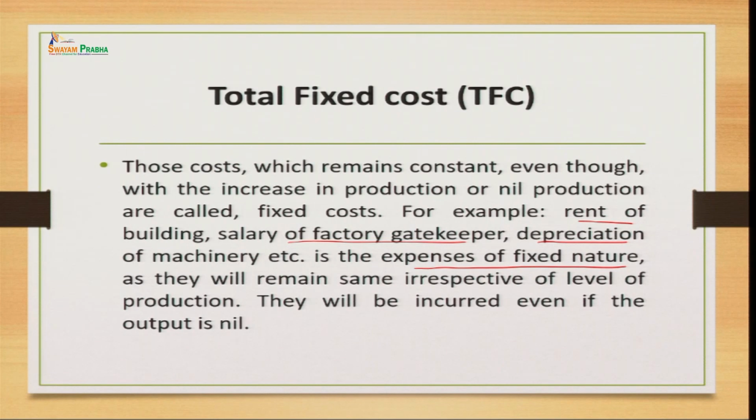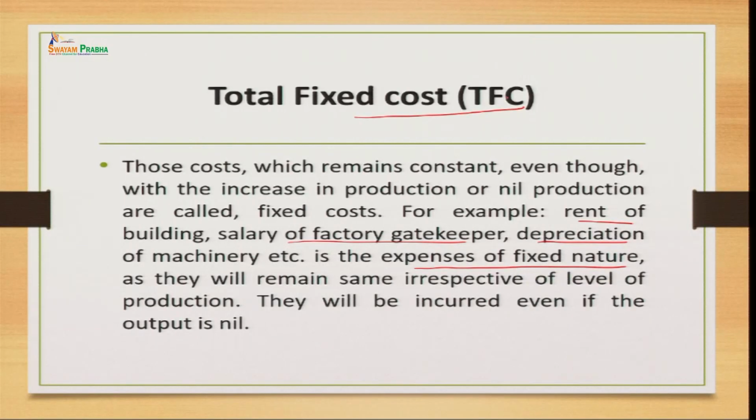Your rent is not going to change. If you have taken a building on rent, if you are producing fewer units in that particular building, then also you are paying the same amount. If you are producing a larger number of units, then also you are paying the same amount of rent. So, there are some costs which do not change with the change in the production.